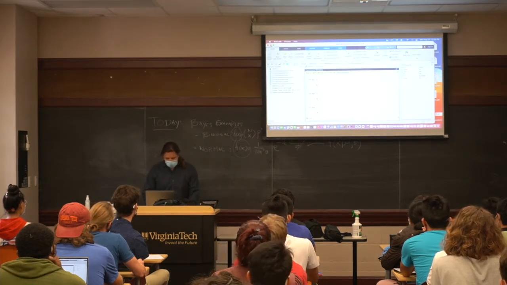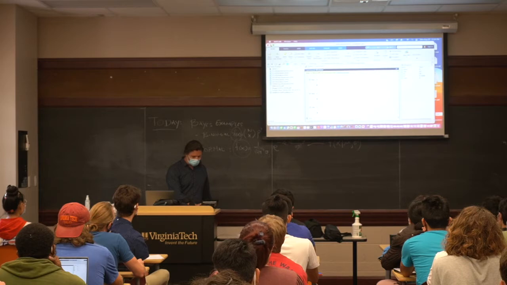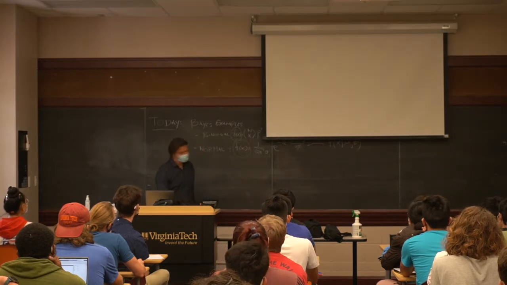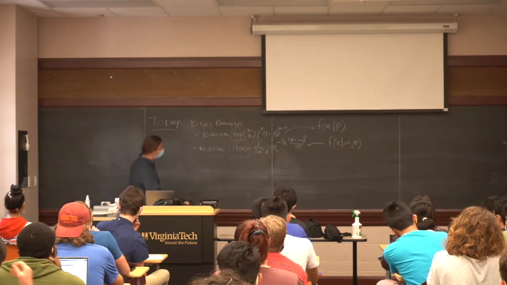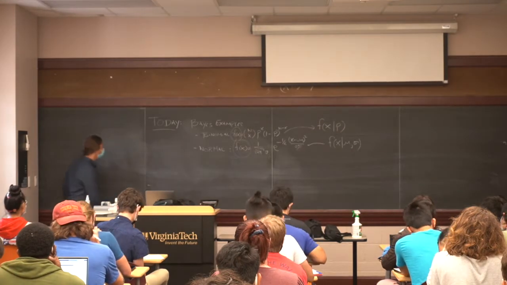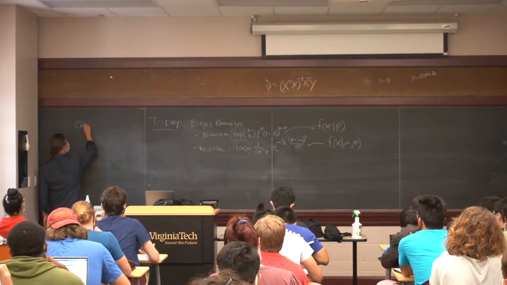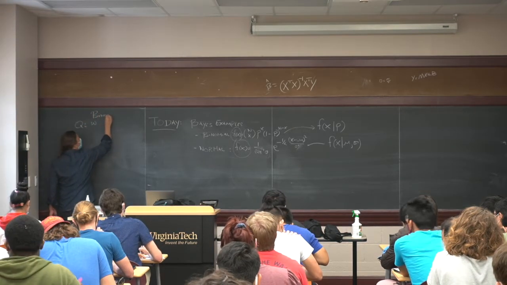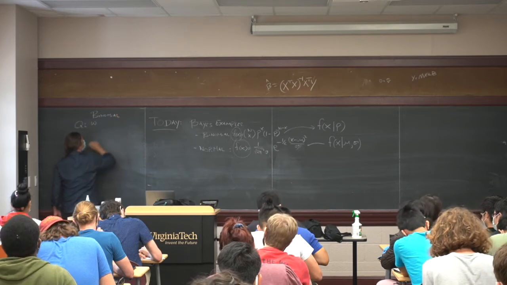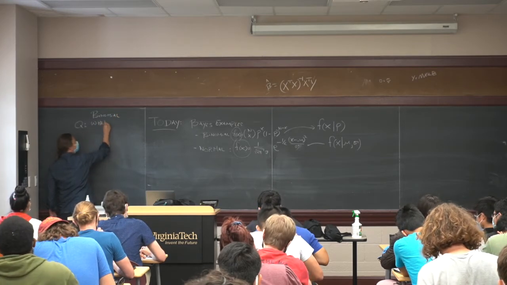Okay, so I want to just walk through this a little bit and show you what a Bayesian does. So let's start with a binomial example and just think about Bayes' theorem. So first question for the binomial is, what's the likelihood?